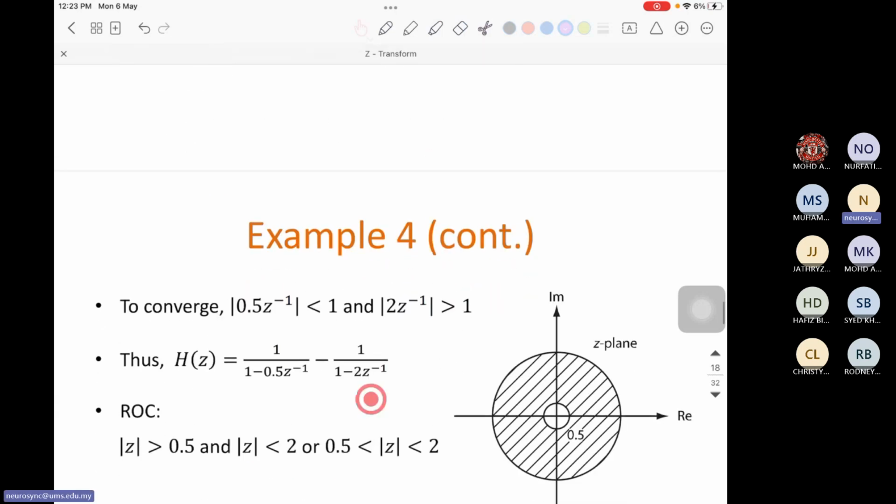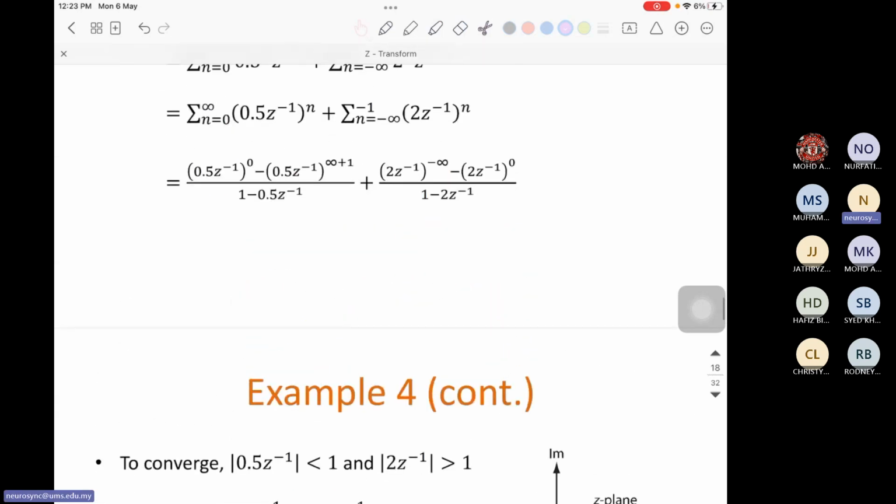Now for the first term here, this will converge when |0.5 z^-1| is less than 1. Correct? If it is less than 1, then this term will go to 0 and this is 1, so we will get some finite value of H(z).